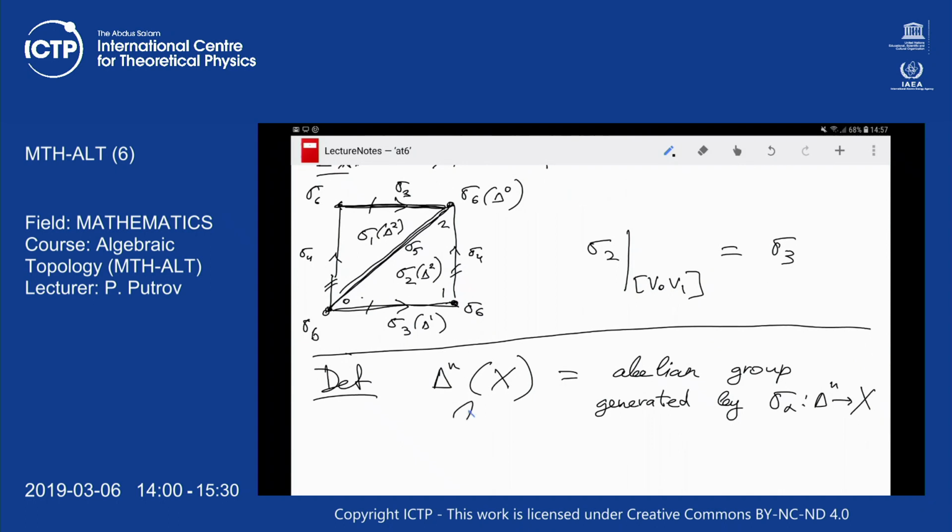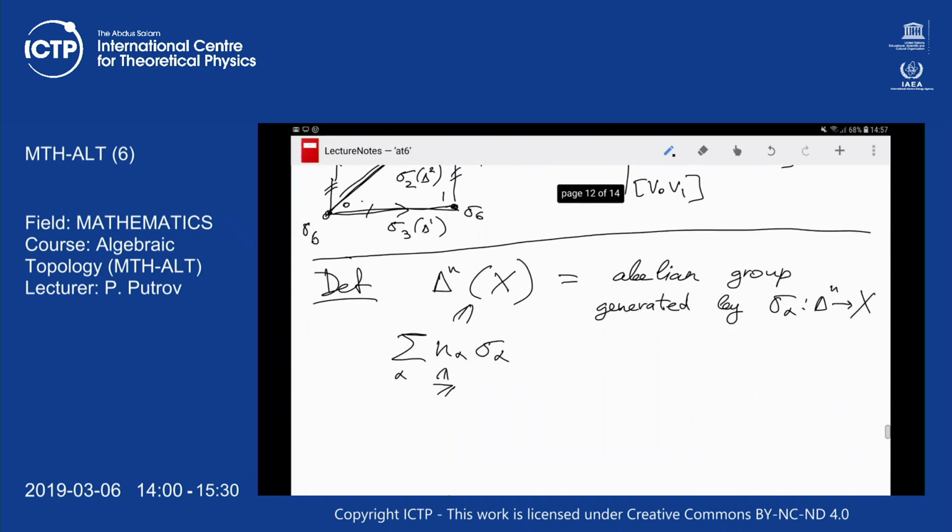So an arbitrary element of this abelian group is a formal sum of the following form, where the coefficients are integers. Of course, when we add two such formal sums, we just add the corresponding coefficients.